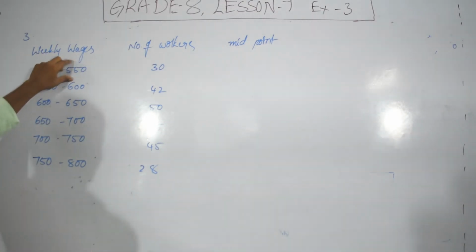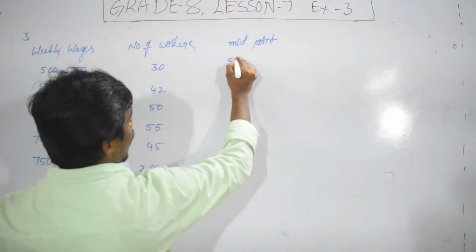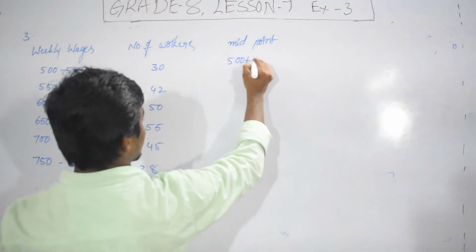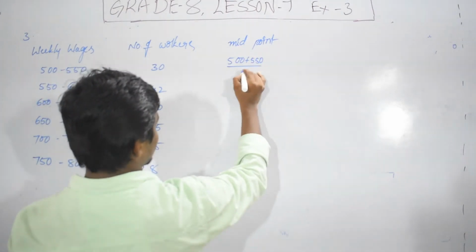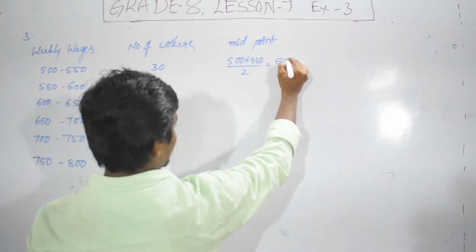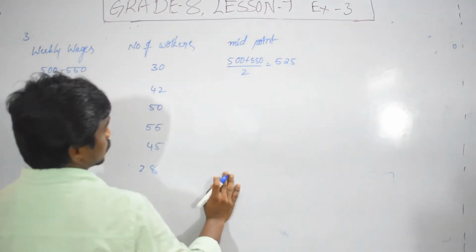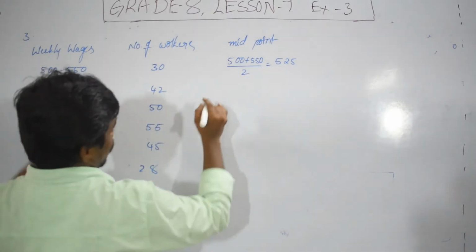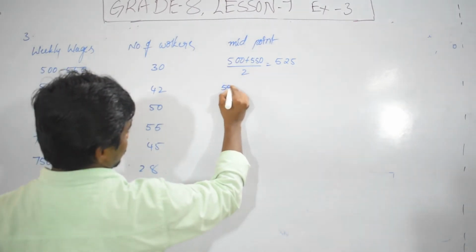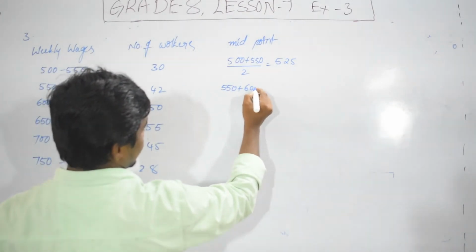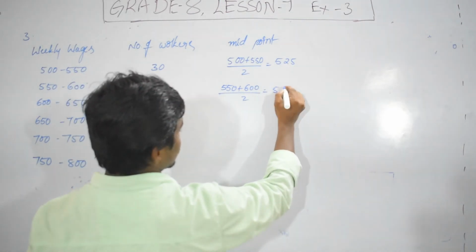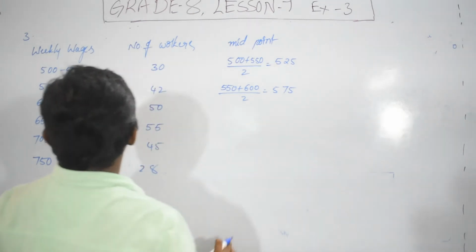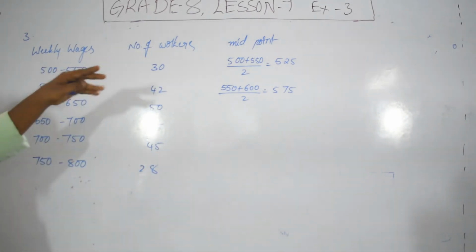Here midpoint, see, this is a lower limit and an upper limit. Lower limit plus upper limit by 2: 500 plus 550 by 2, how much? 525. Next 550 plus 600 by 2, how much? 575. Here the middle number is like a midpoint.